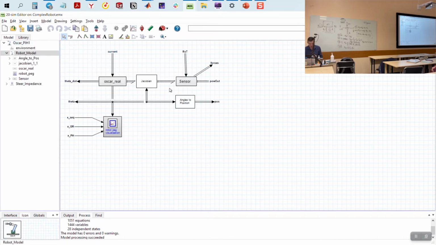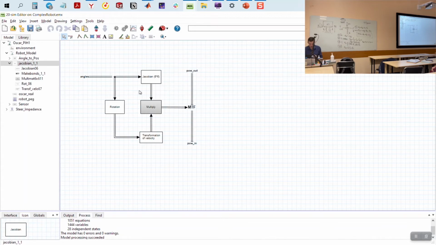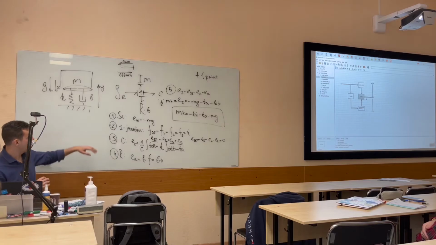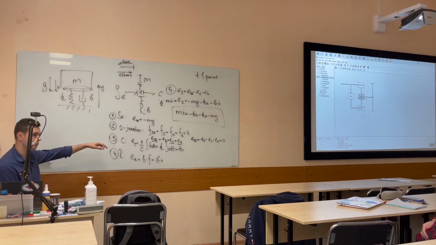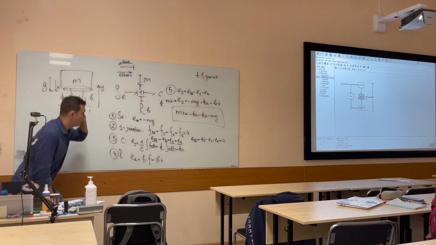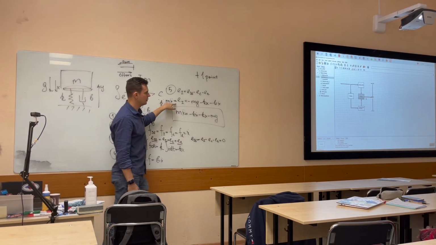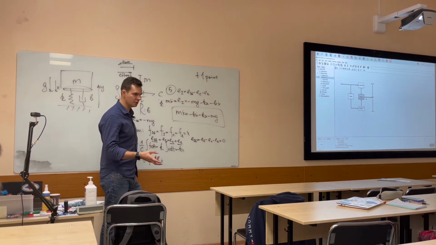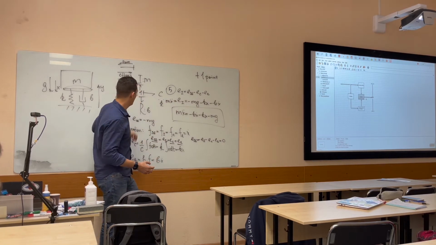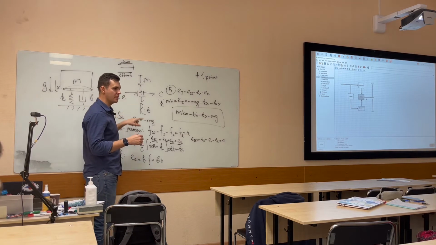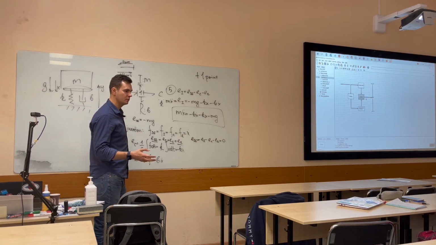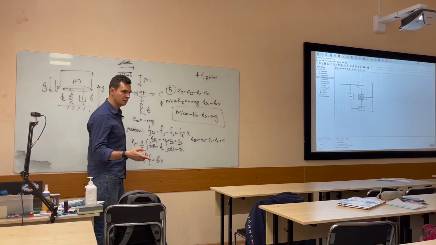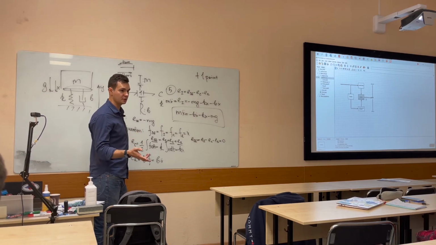I just showed you 1D bond graphs where all the variables are just scalars, but there is another version which is called multi-port bond graphs where all the efforts and the flows are vectors and the efforts are covectors.